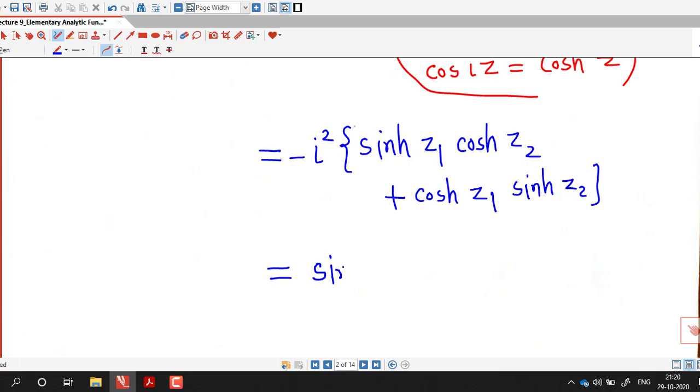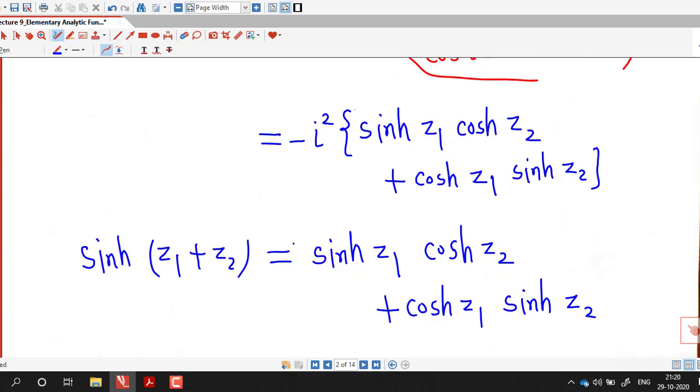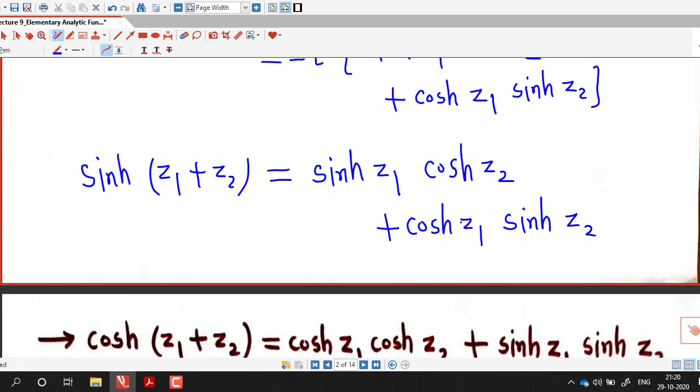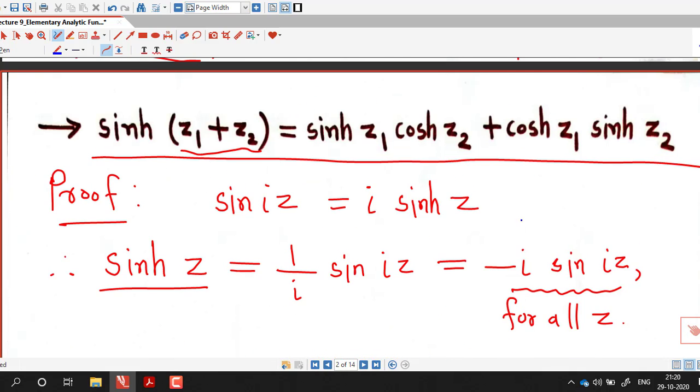So we have sine hyperbolic z1 cos hyperbolic z2 plus cos hyperbolic z1 sine hyperbolic z2. So we are able to prove that sine hyperbolic of z1 plus z2 is nothing but sine hyperbolic z1 cos hyperbolic z2 plus cos hyperbolic z1 sine hyperbolic z2.